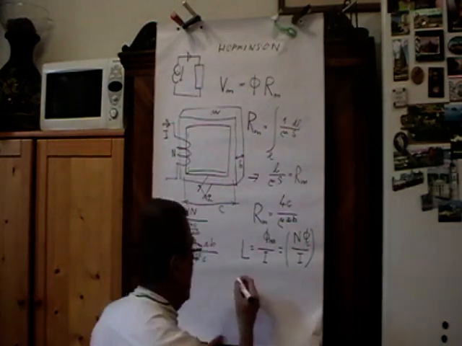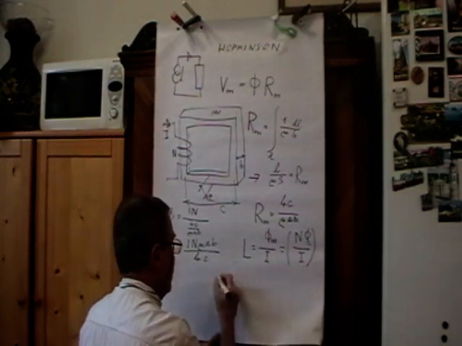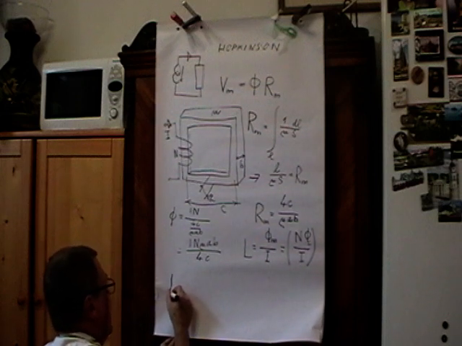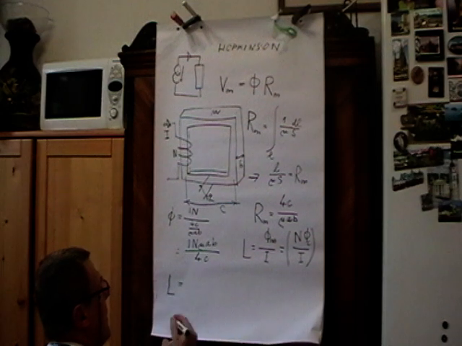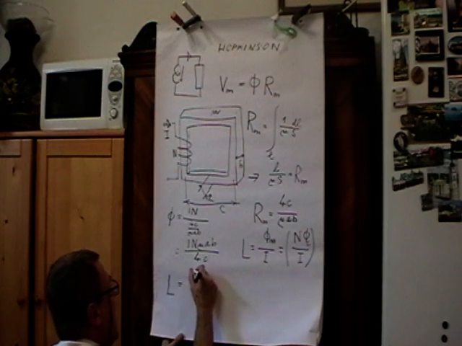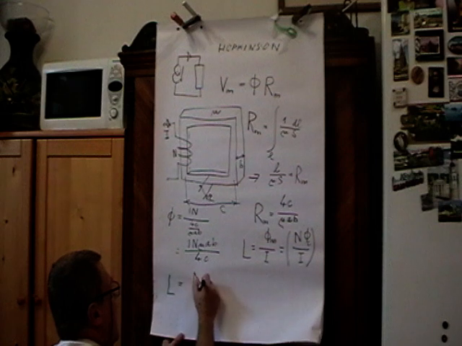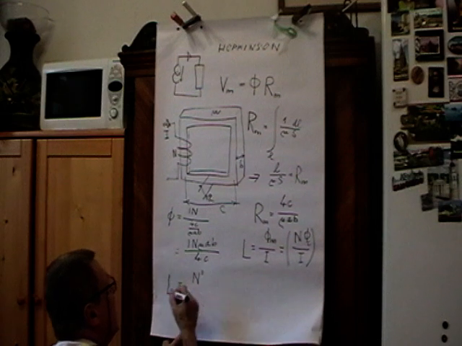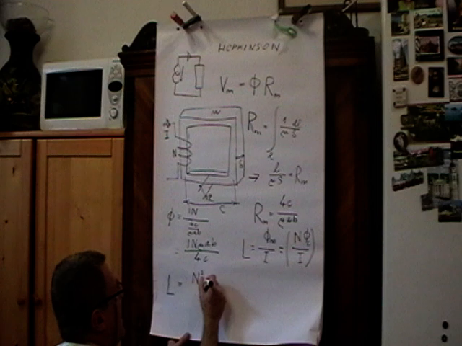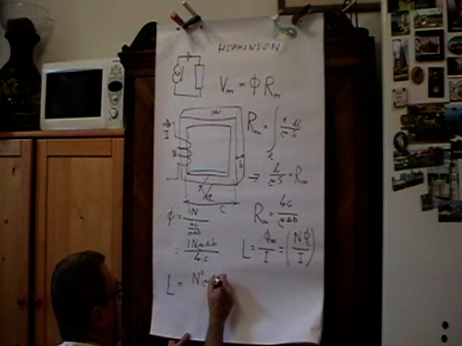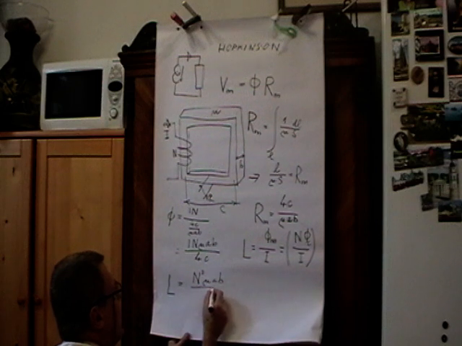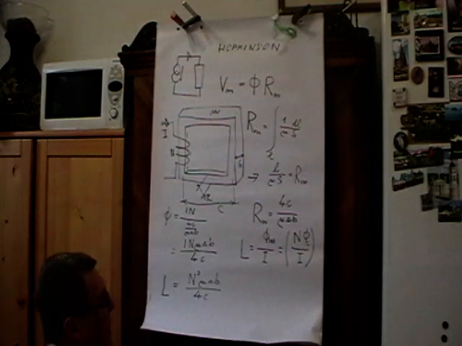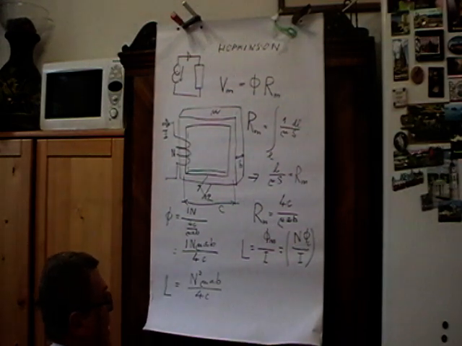So first we will get, for this case, that the self-inductance of the core would be n squared mu a b over 4c. As you can see, current has cancelled out of the equation.